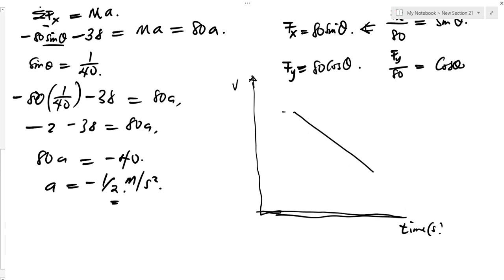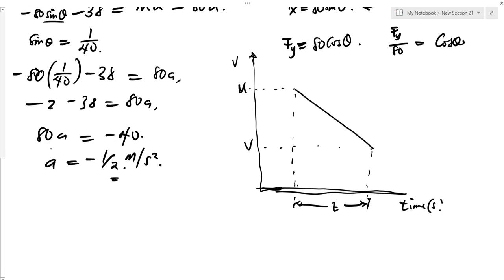At this point, this is the initial velocity u, and this is the final velocity v. From here to here, t is the duration of the travel.